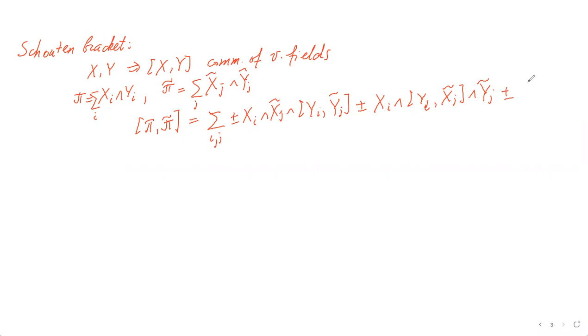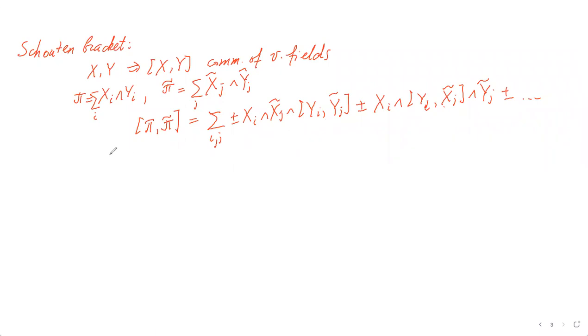So you take all possible pairs of vector fields which enter the expressions for pi and pi tilde, and take these commutators of vector fields with proper signs.